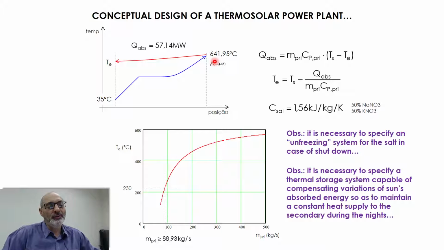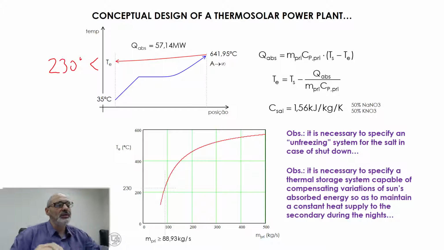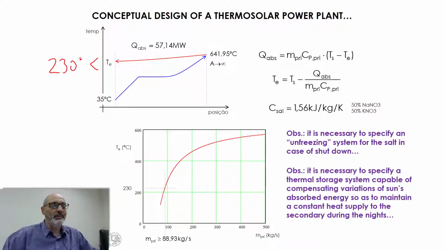Its temperature is dropping from 642 to TE, and we know that TE, as I mentioned, must be greater than the melting temperature of the salt, which is 230. We're going to calculate the necessary heat capacity. So this is the primary side, and this is the secondary, whose temperature is rising from roughly 35 degrees to 642.